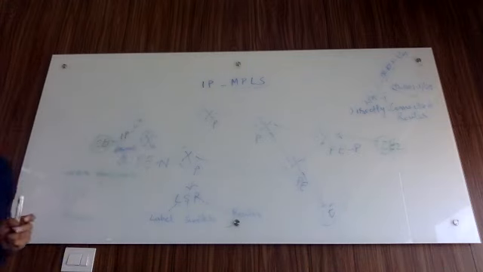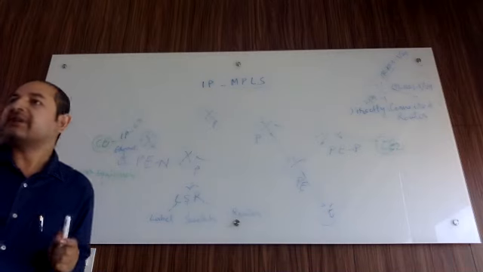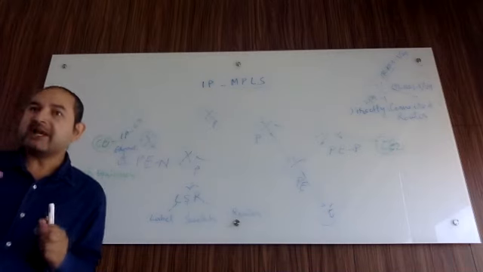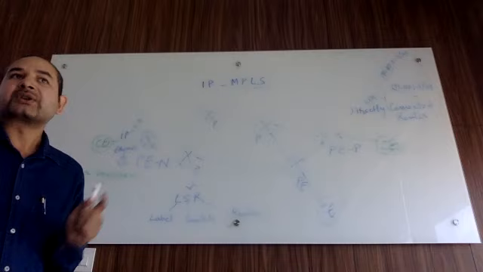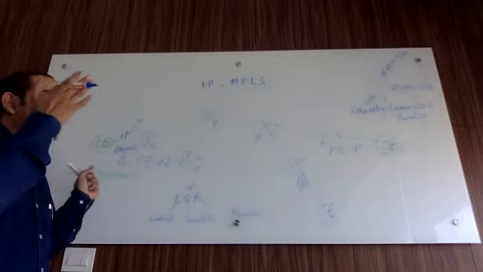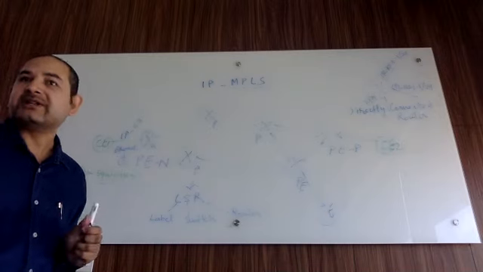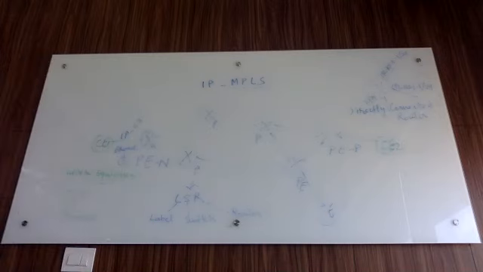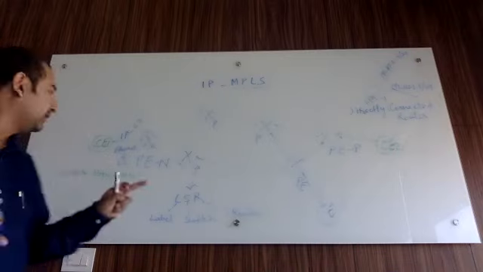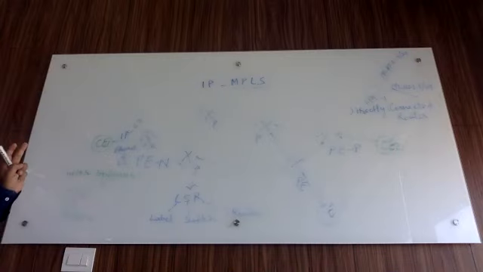L3 means layer 3, the network layer, and it has an IP. If there is an IP, there is a subnet, it is layer 3. If there is no IP, it's only switching, it is layer 2, L2.